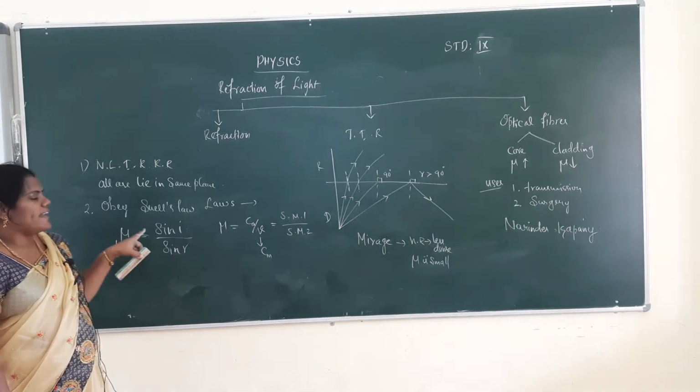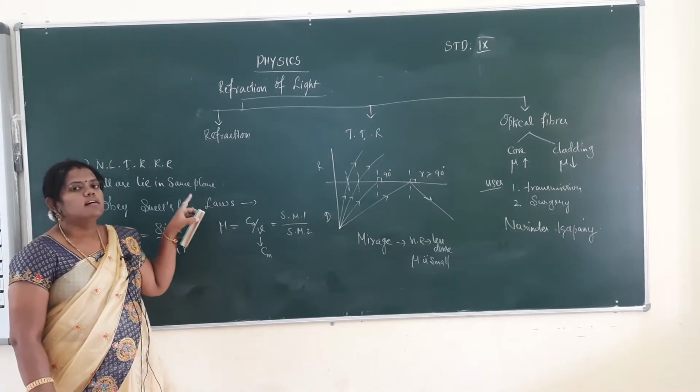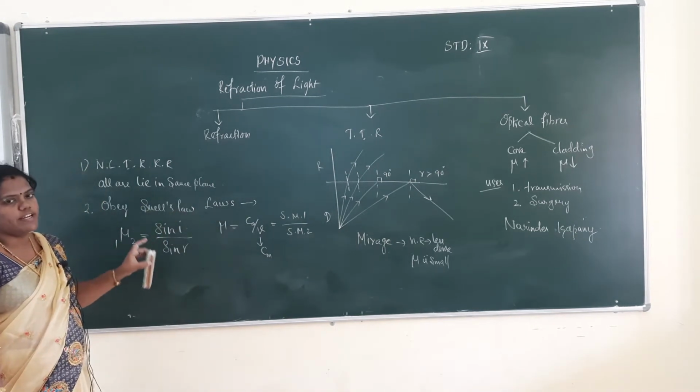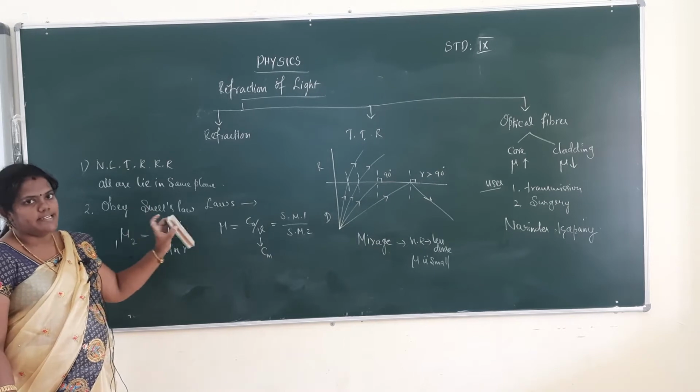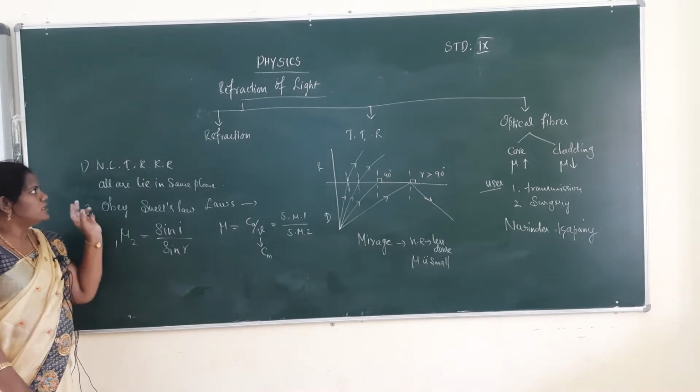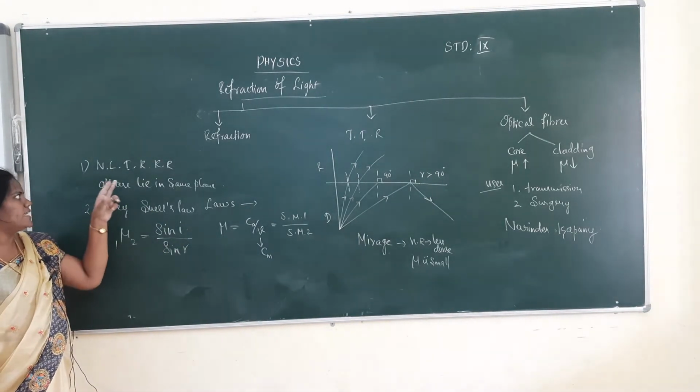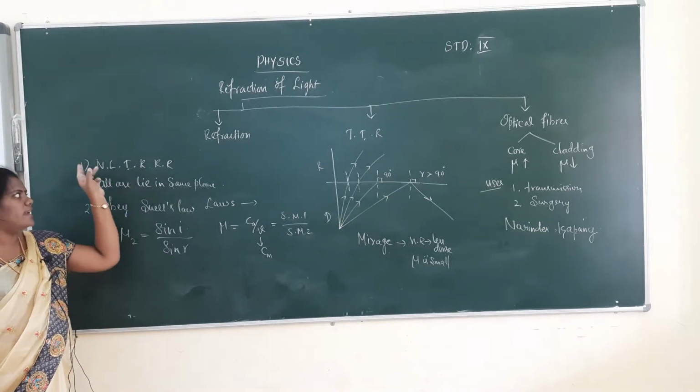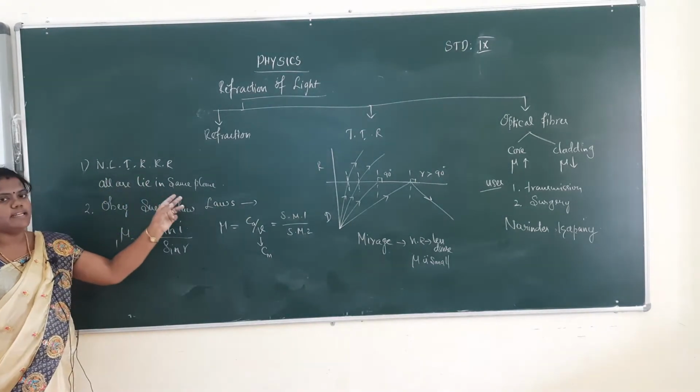When light obeys Snell's law, the refraction will definitely be done by the light. So there are two laws of refraction. One: the normal line, incident ray and refracted ray all lie in the same plane.